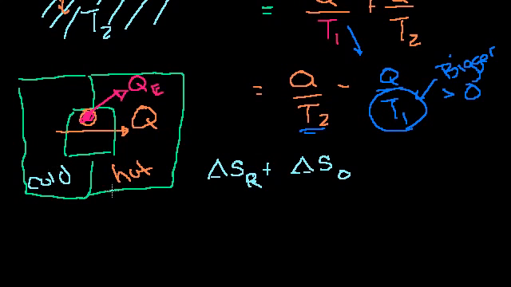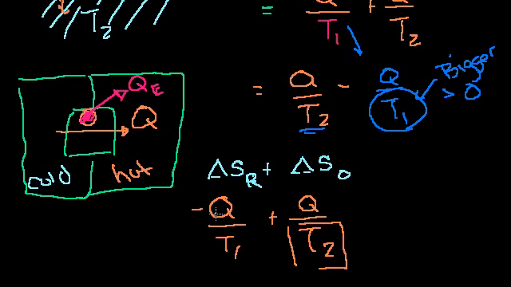Let's say the room is roughly at a constant temperature for that one millisecond we're looking at it. It's giving away some Q at some temperature T1, so that's a minus. And then the outside is gaining some heat at some temperature T2. And so you'll immediately say, hey, this number right here is a smaller number than this one, right? Because the denominator is higher. So if you just look at this, this would be negative entropy.